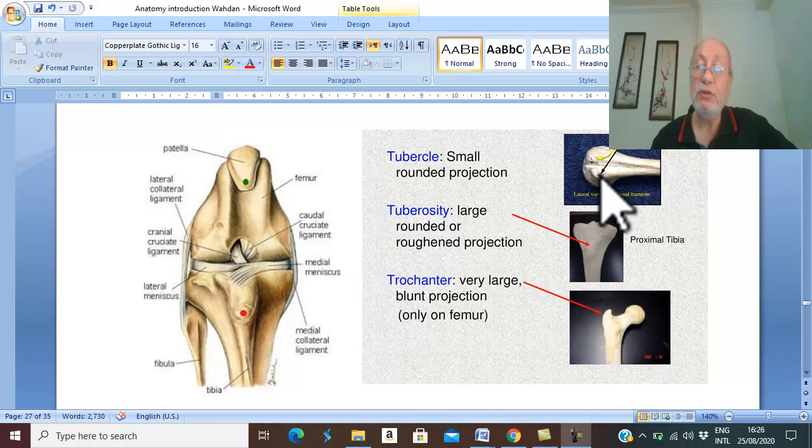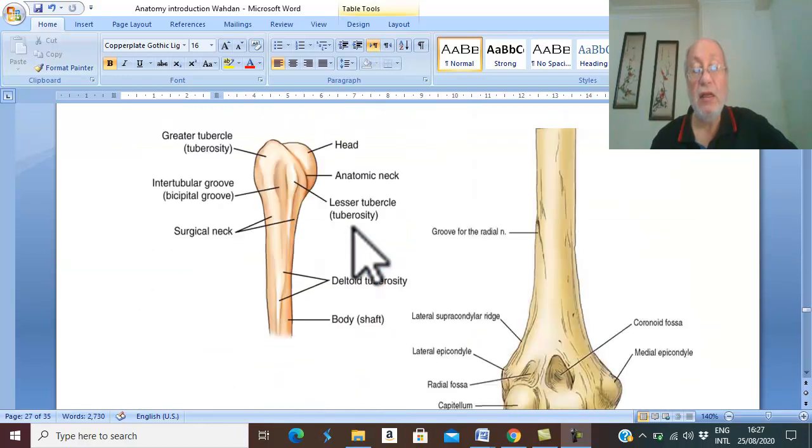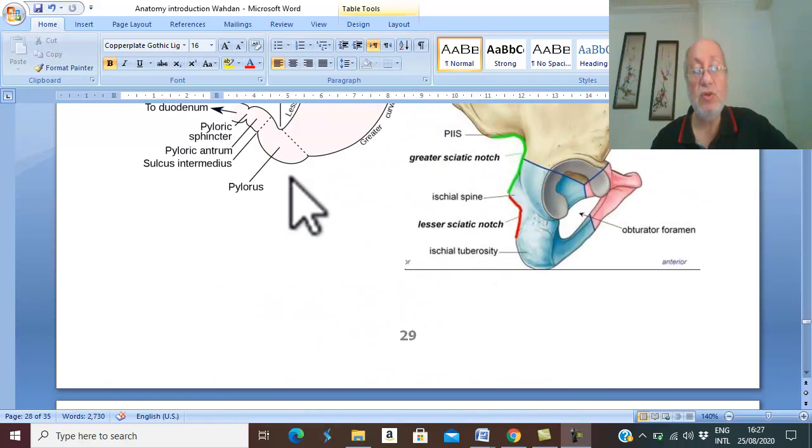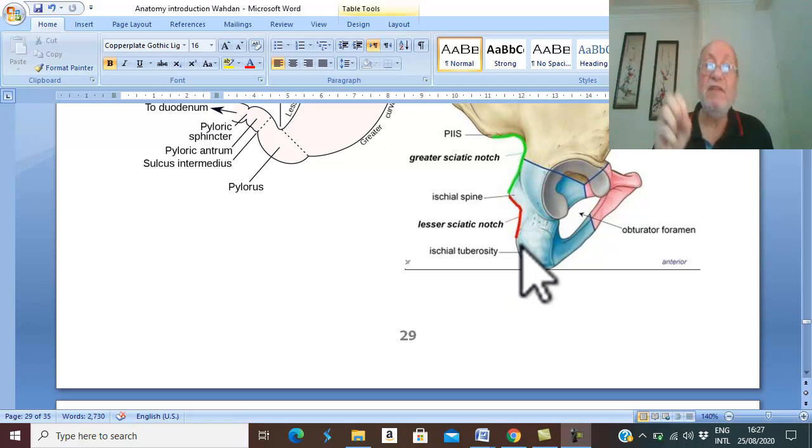Actually, in this bone, this is called tuberosity or tubercle, and this is a typical example for tuberosity, and this typical example also is called tuberosity. Therefore, a localized rounded elevation, if small, is called tubercle, if medium, tuberosity, if large, trochanter.